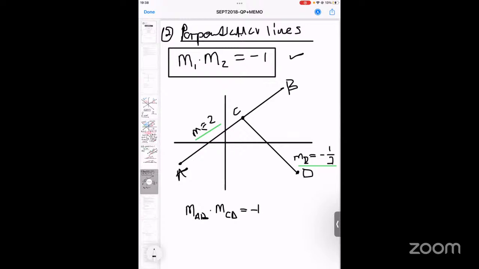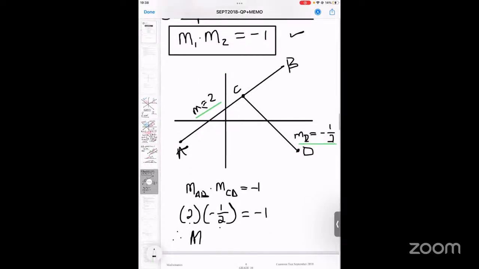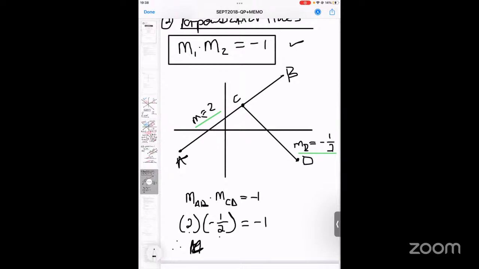If you don't get -1, it means they are not perpendicular. 2 times -1/2 will give you -1. Therefore, you will say line AB is perpendicular to line CD. When we say perpendicular, what do we mean? It means the angle formed is 90 degrees. That's what perpendicular means.